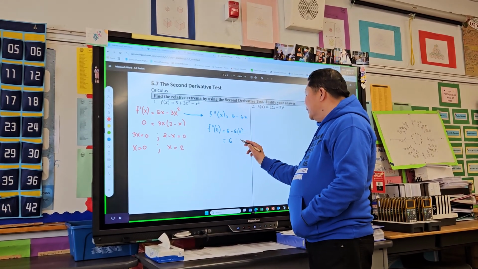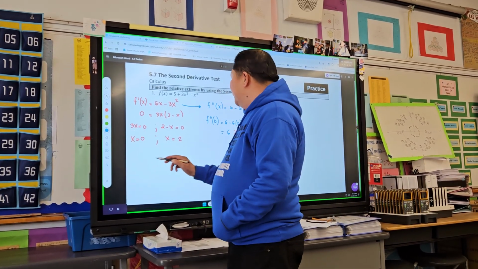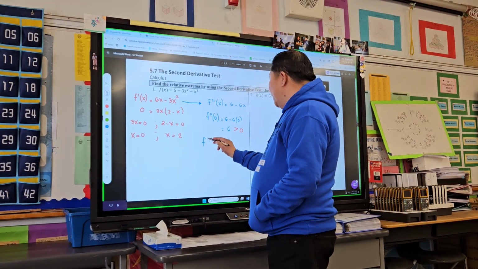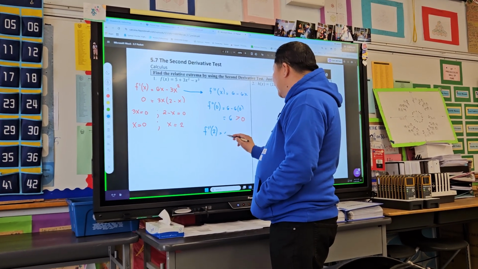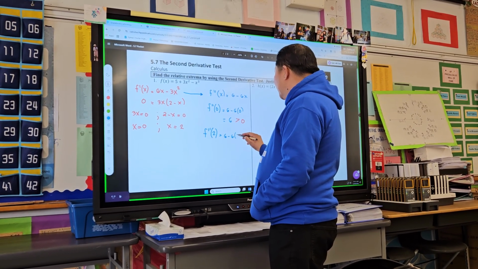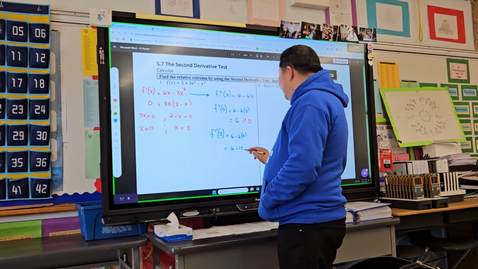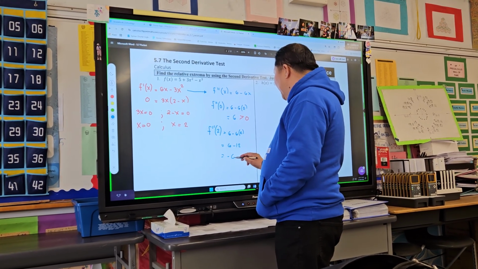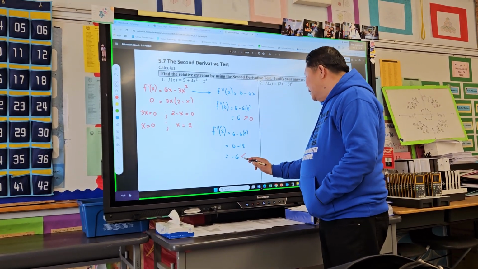This is greater than 0, positive, right? The next would be f double prime of 2, which implies 6 minus 6 times 2. So this means 6 minus 12, so it's going to be negative 6. And what is negative 6? Less than 0.